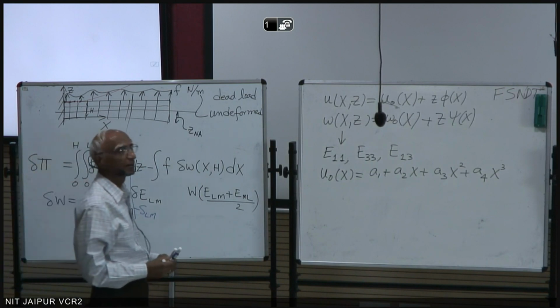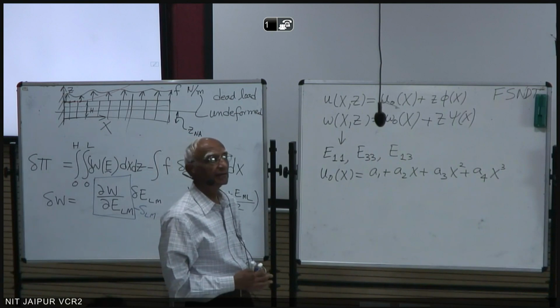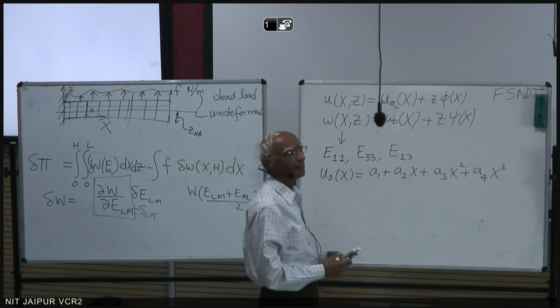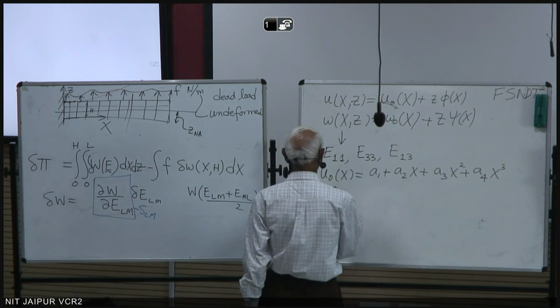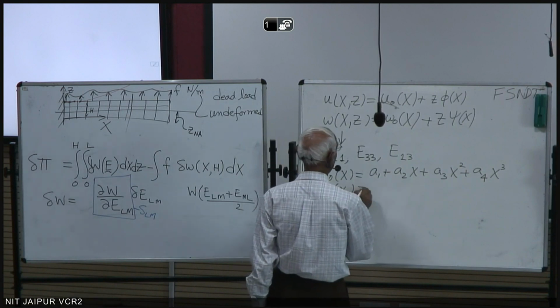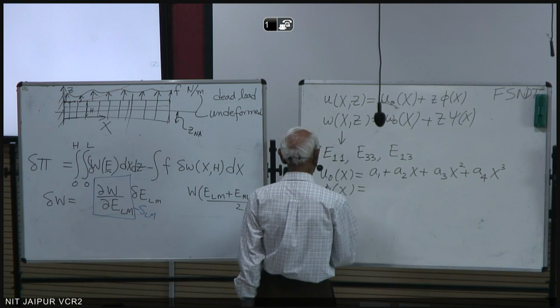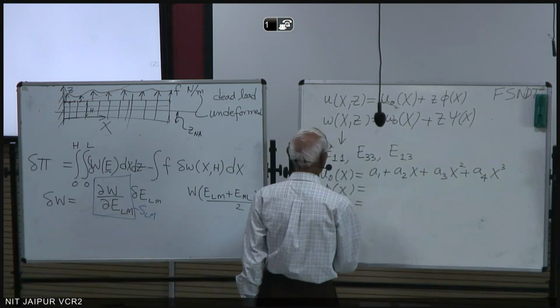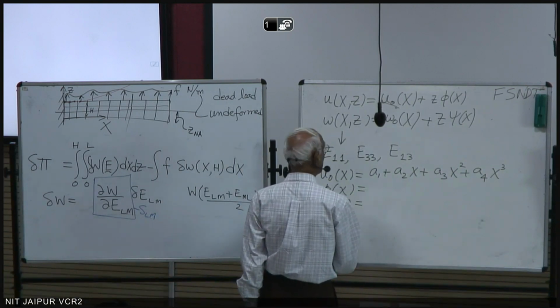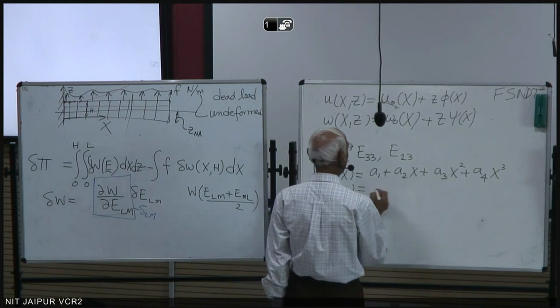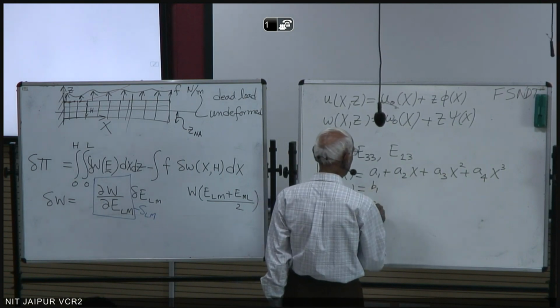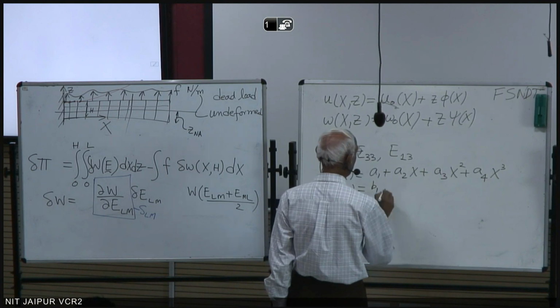In U0, and we're going to write the same thing for phi, the same thing for W0 and psi. Like here we have B, here we can write B1, here we can write C1, and here C2.